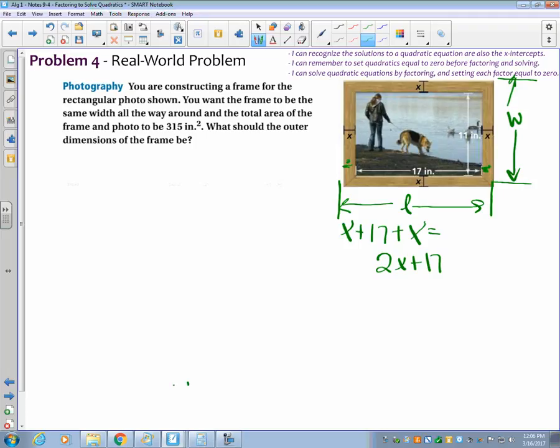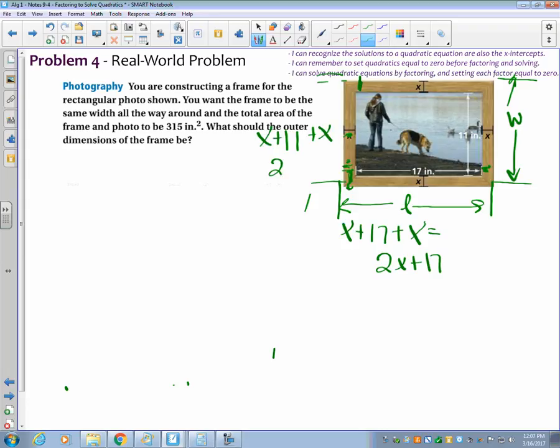The same happens with our width. We have 11 in the middle. We have an x from here to here, and then we have an x from here to here.